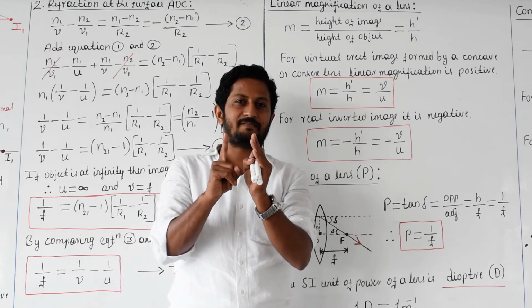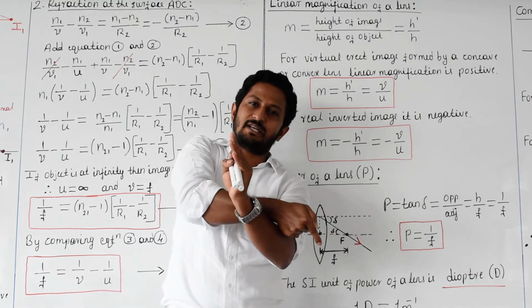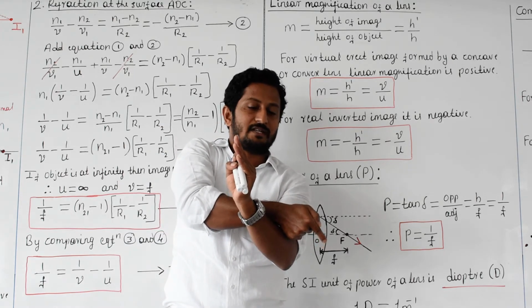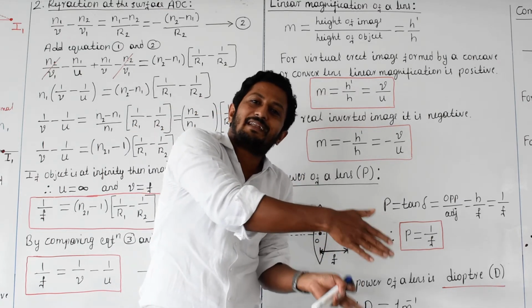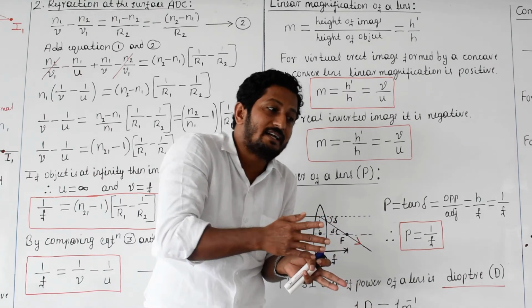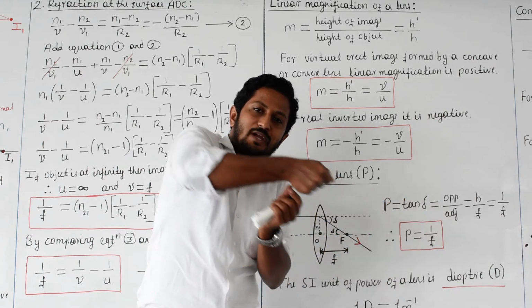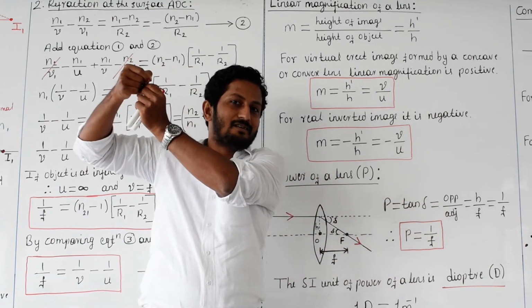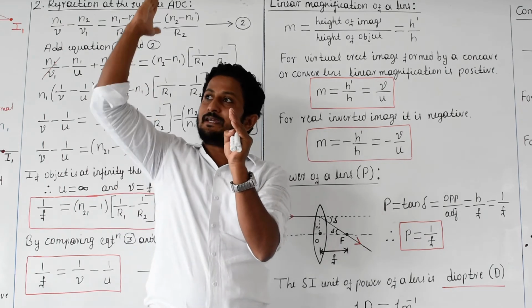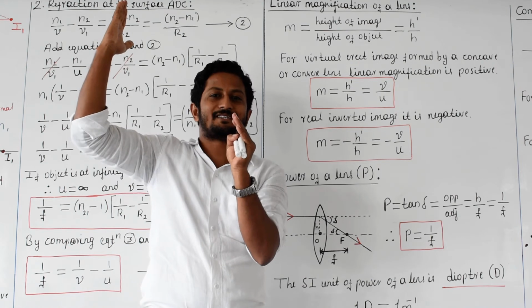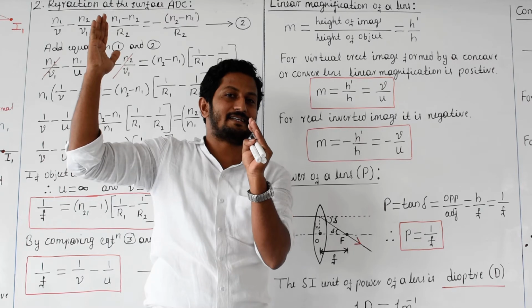Place it like this and take two light rays, one parallel, allow it to pass through the principal focus point, and one more through the optical center. These two refracted light rays look diverging. I mean they are not going to meet somewhere. So you have to extend them backward. Here lens, here object AB. Here you will be getting A dash B dash, a virtual, erect, magnified image.